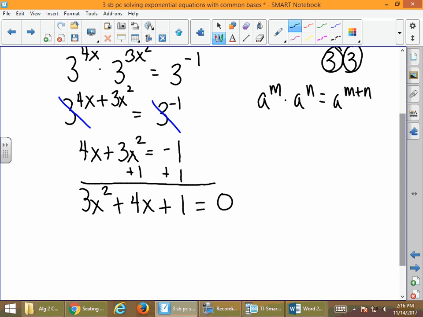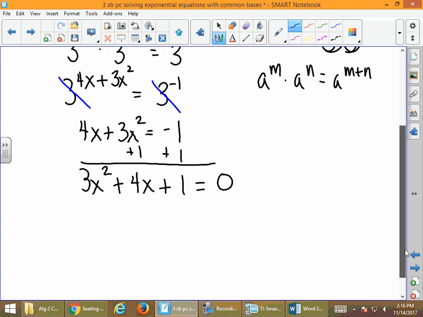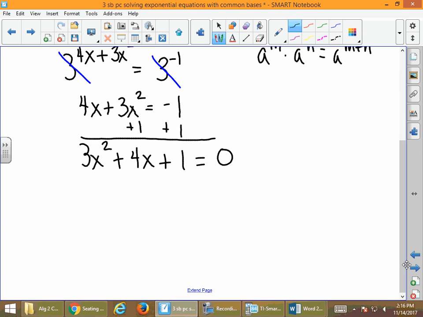And once again, we need to factor. And this time we have a number in front of the x squared, but we're still going to split the middle. 3 times 1 is 3. And luckily, the only factors of 3 are 1 and 3. And will 1 and 3 combine to be 4? Yes.